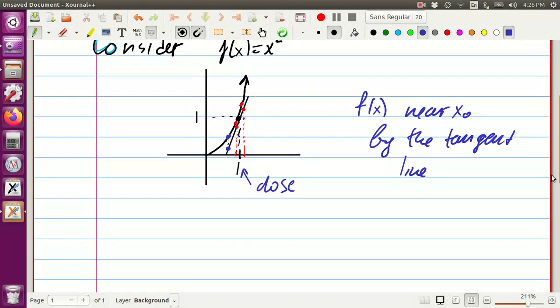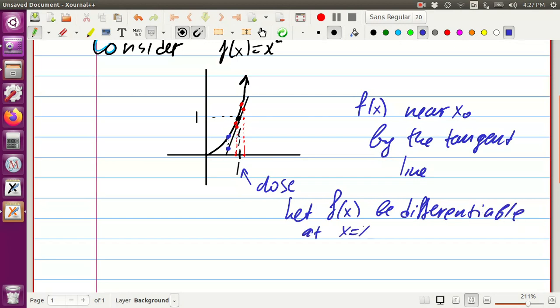All right, so we need f of x to be a differentiable function. So let f of x be differentiable at x equal to x sub 0.